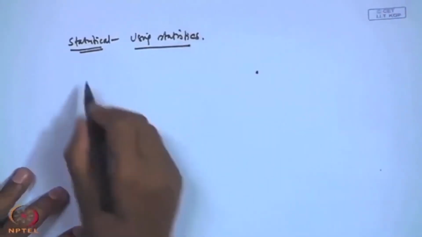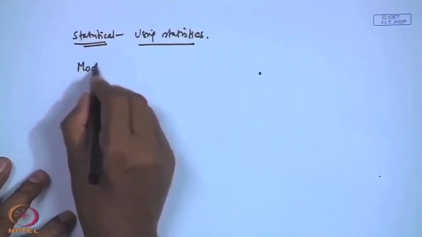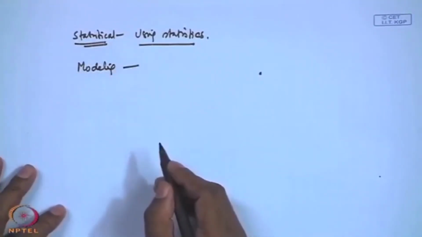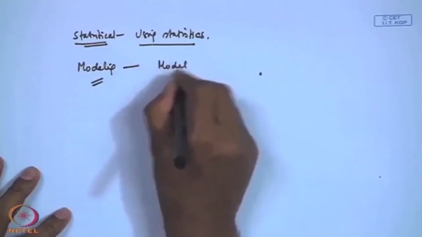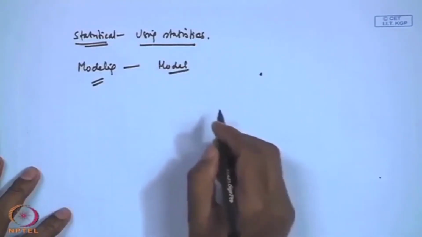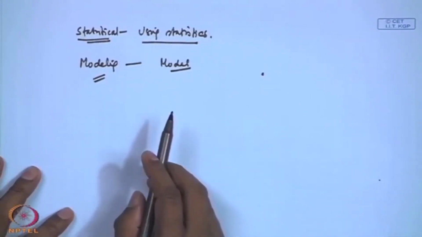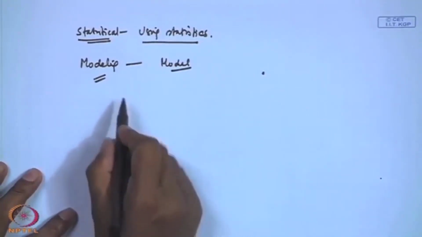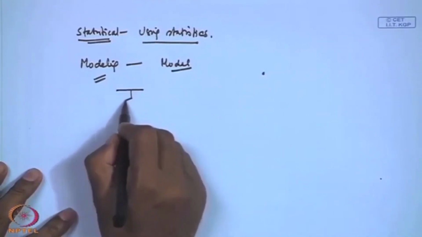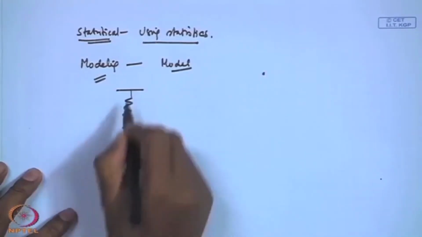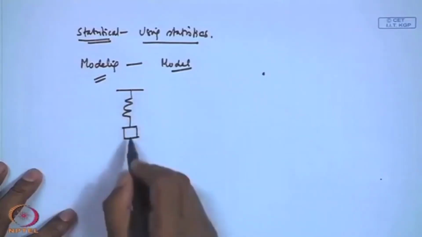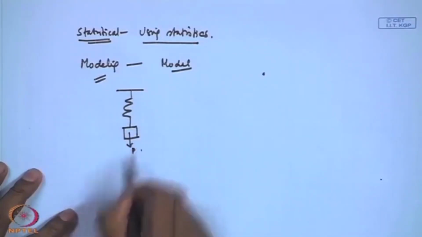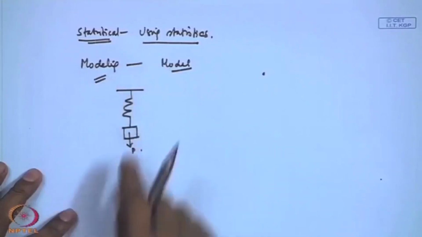Now, the last word, but a very important one, is modeling. If you want to understand modeling, then first you understand model. There are many types of model. A very simple one, from our school days, I can remember, is a spring balance. This is a spring, an elastic one, a load P is attached to it, and it behaves in some way.